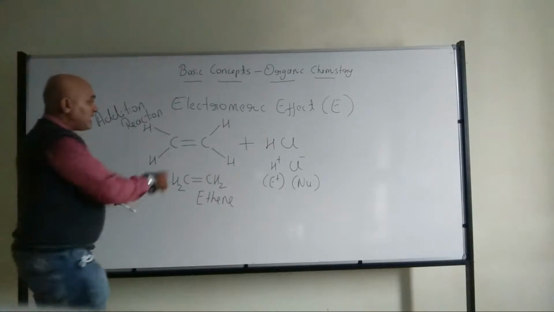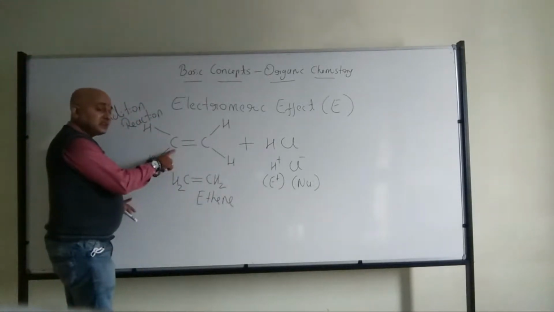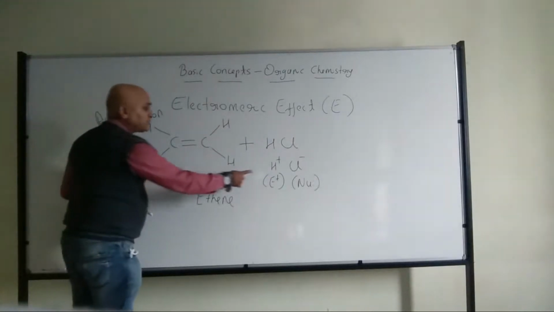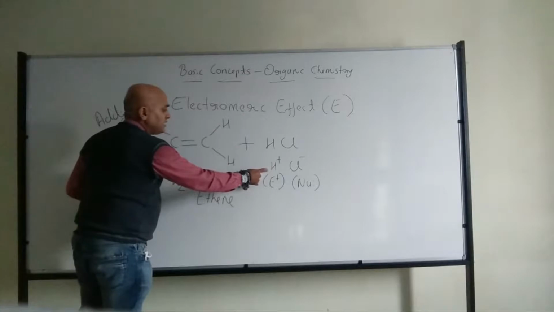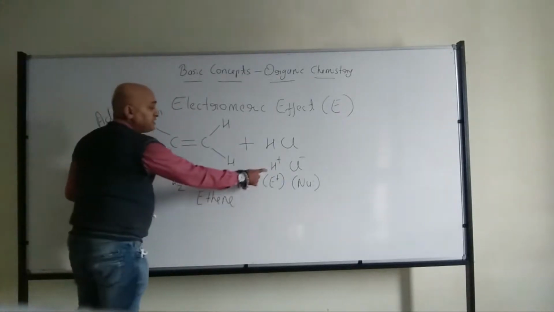Now, since this carbon is ready to take the electrophile, it should have the extra electron with it, because the electrophile does not have any electron in it. It's an electron deficient species.